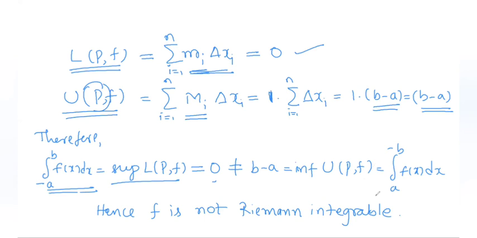On the other hand, as the upper Riemann sum is always the constant b minus a, its infimum will be once again b minus a, which is other than 0. So it shows that the lower Riemann integral is not equal to the upper Riemann integral. So f is not Riemann integrable.